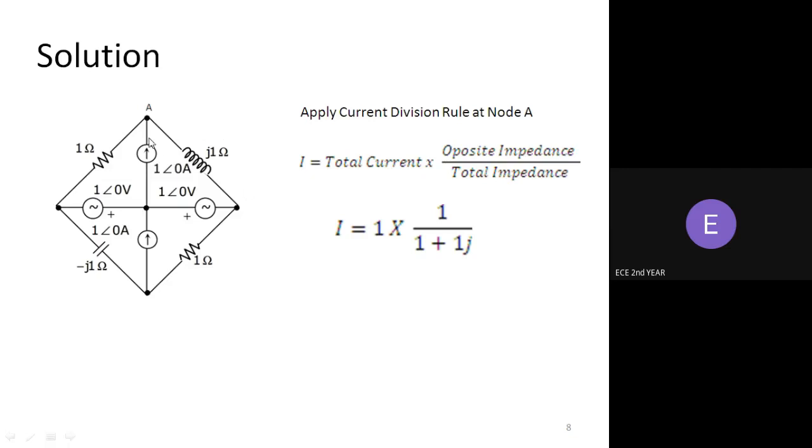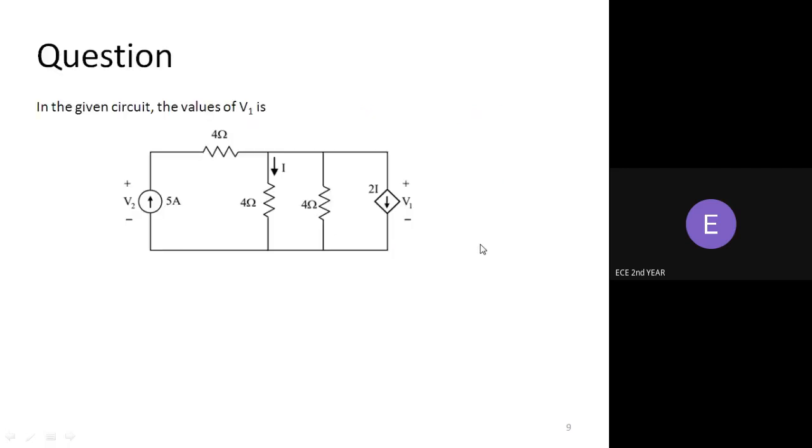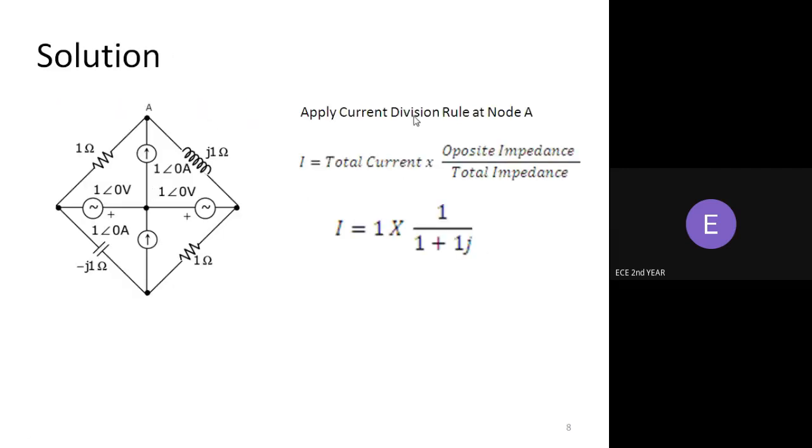The opposite impedance of this inductance is the 1 ohm resistance. So the total current 1 into the opposite impedance 1 ohm divided by the total impedance 1 plus 1j. With this formula, we can calculate the current through the inductance.